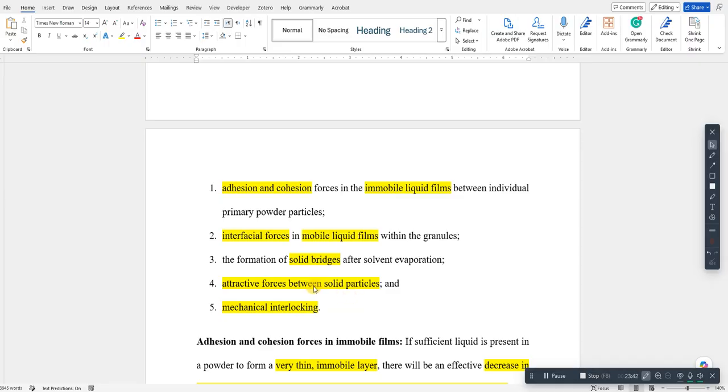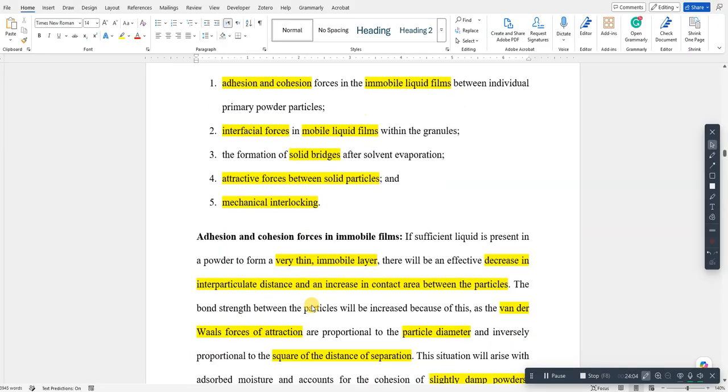When you allow the particles to come very close to each other, this will increase van der Waals forces. And we have mechanical interlocking, and this is because of the shape of the granules. They can lock into each other, causing them to be close to each other.